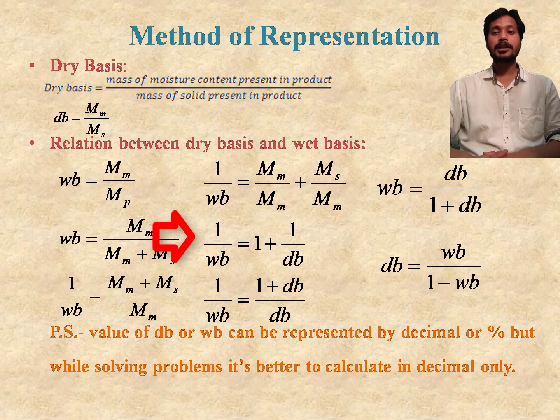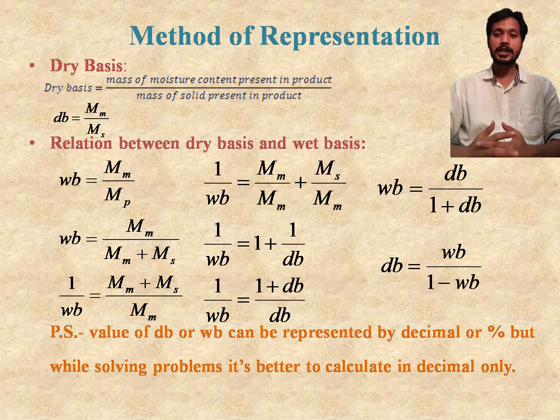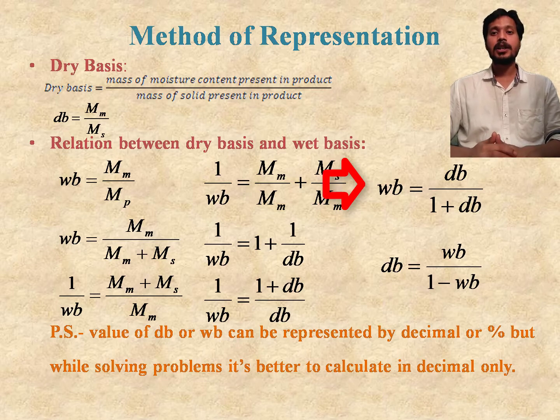So here we write 1 by WB equals 1 plus 1 by dB. So finally, after simplification, we get the equation WB equals dB by 1 plus dB. So this is the value of WB in terms of dB.